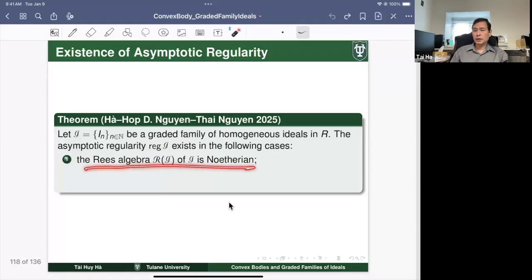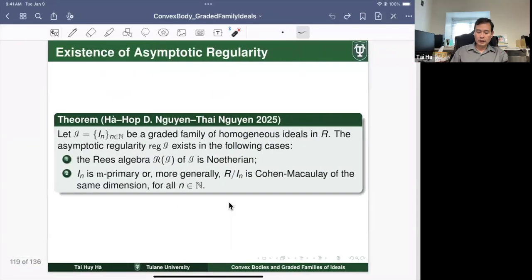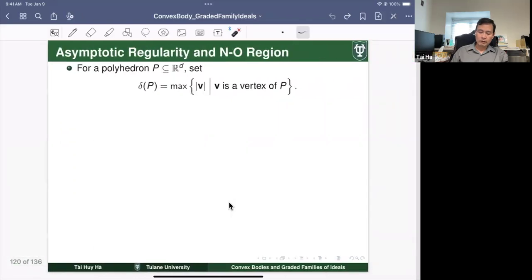First, if the Rees algebra is Noetherian, or if we start with a family of m-primary ideals. More generally, if the family consists of ideals that are Cohen-Macaulay of the same codimension. So that basically gives some answer to the first question: when does asymptotic regularity exist?